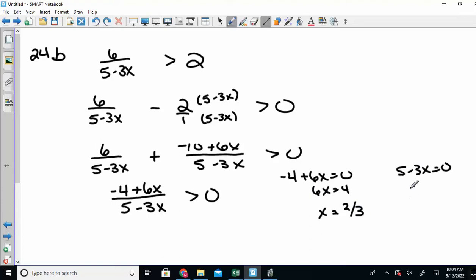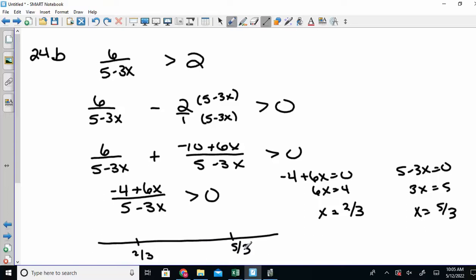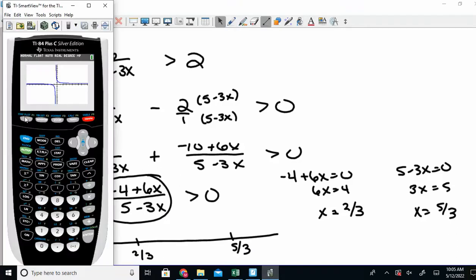Set the bottom equal to 0. We get 5/3. So those are my 2 points here. Now we graph. We want to graph this one right here. So put parentheses around top and bottom.